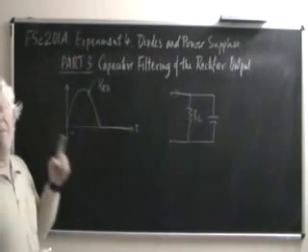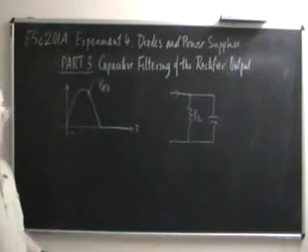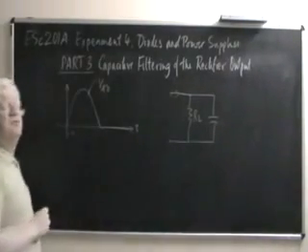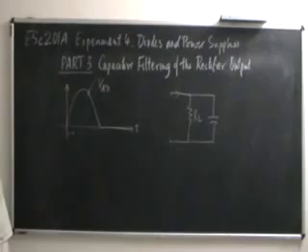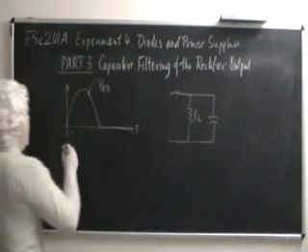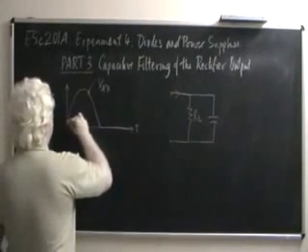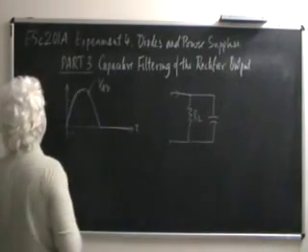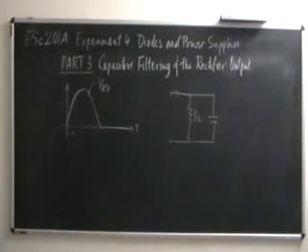So let's now plot the capacitor's voltage as a function of time. The capacitor's voltage is going to follow the rectifier output until this point. Now let's see what happens.